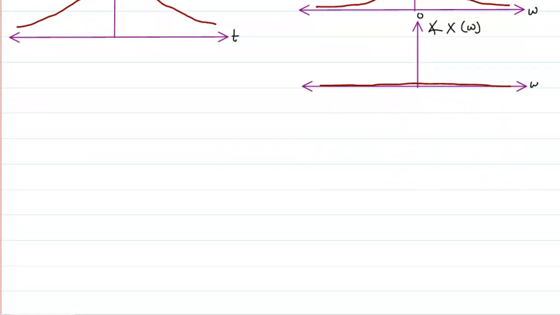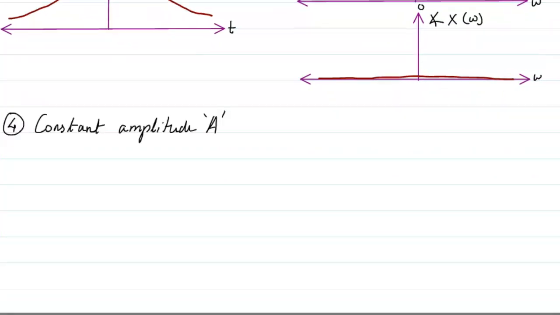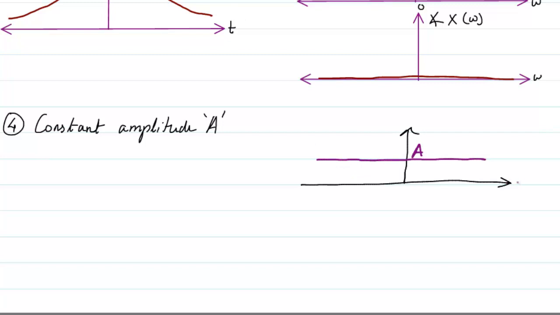Next we will look into the Fourier transform of constant amplitude A. Now the issue with constant amplitude A is, when we are drawing the curve, constant amplitude A means a line which basically has an amplitude of A. Now we can see that the integration under this curve, from minus infinity to plus infinity, will come out to be infinity.